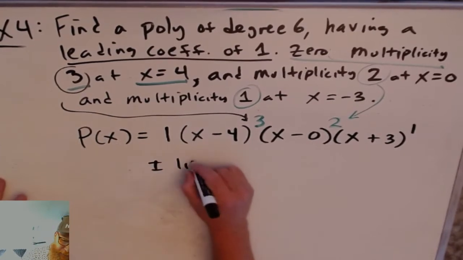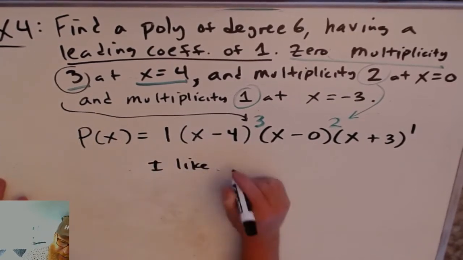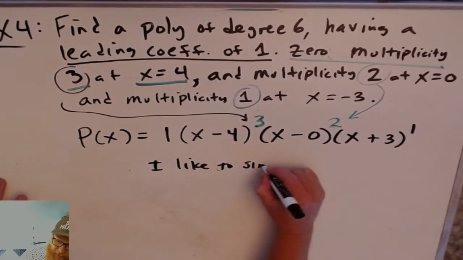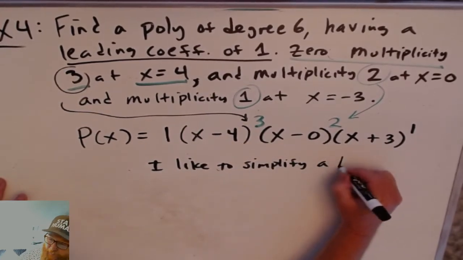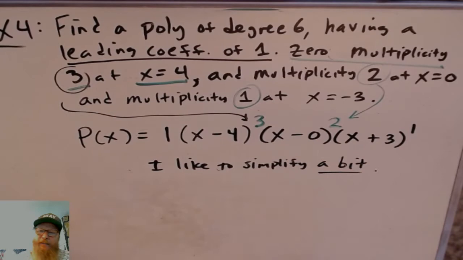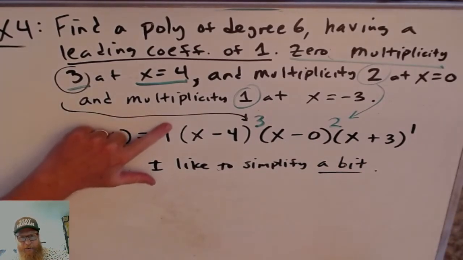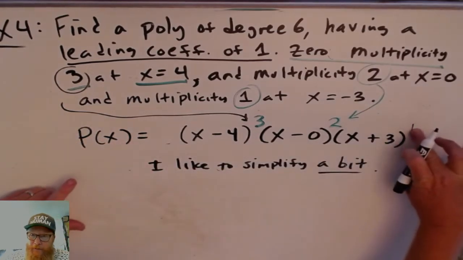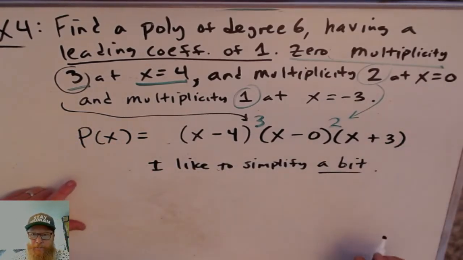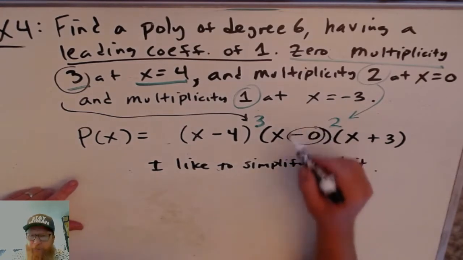I like to simplify a little bit. Just a little bit. I don't want to do too much work. The first thing I do is I get rid of all my 1s. There's no need to write the 1s. And then I also get rid of a 0.